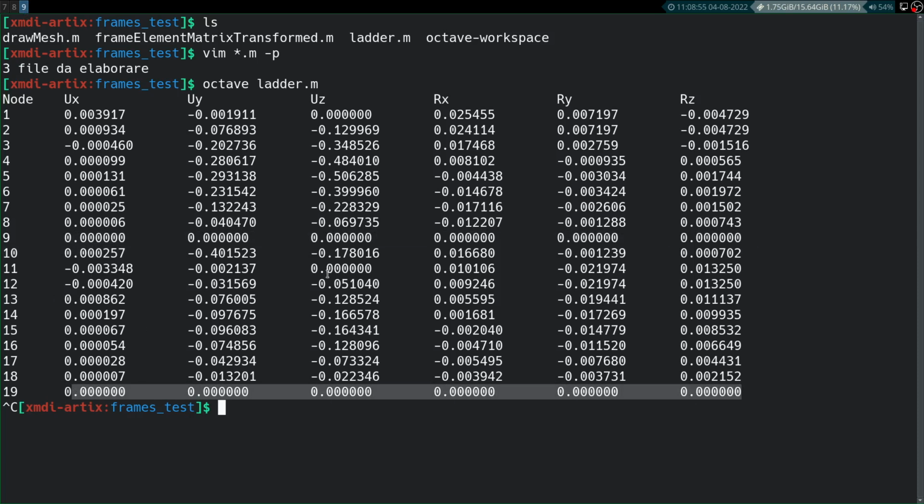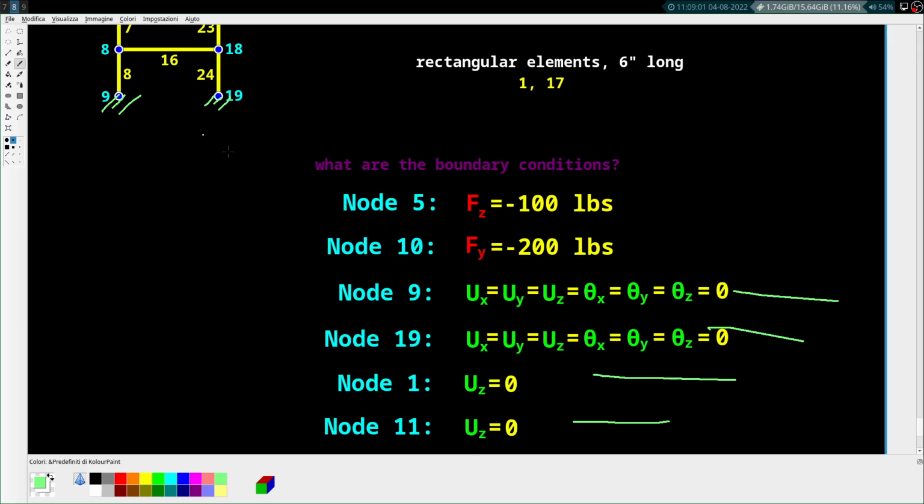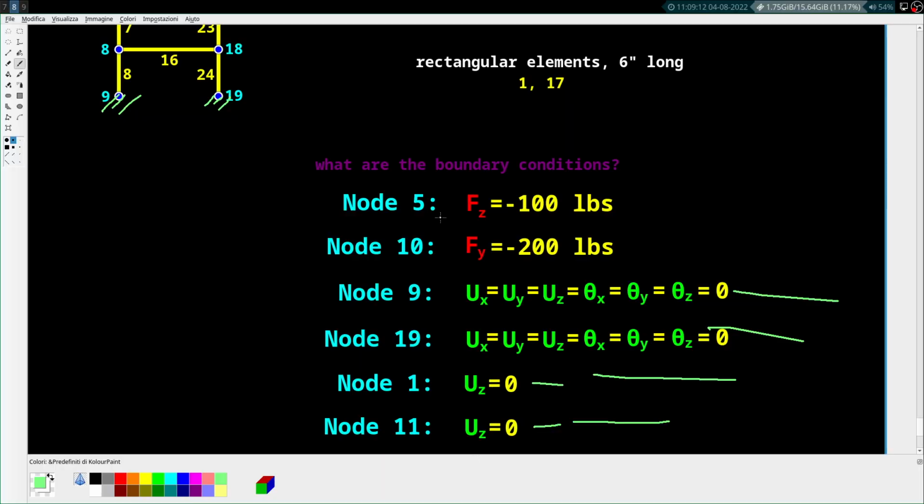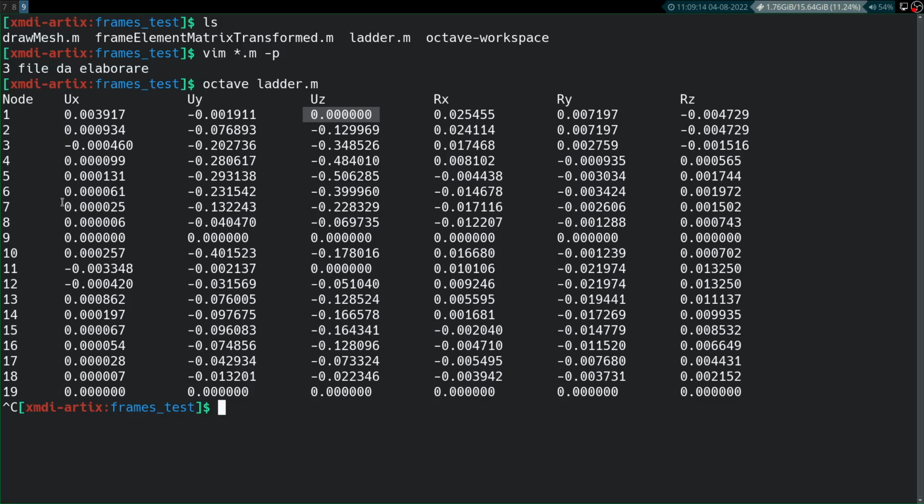And then you can see at node 11, the z component and node 1, the z component, are both set to 0. Node 1 is 0, and node 11 at z is 0. So that's all that. And then, if you really cared, you can look at node 5 and node 10. At node 5, we're applying a force in the z direction, right? You can see that's the most z deformation that you have is at that node.